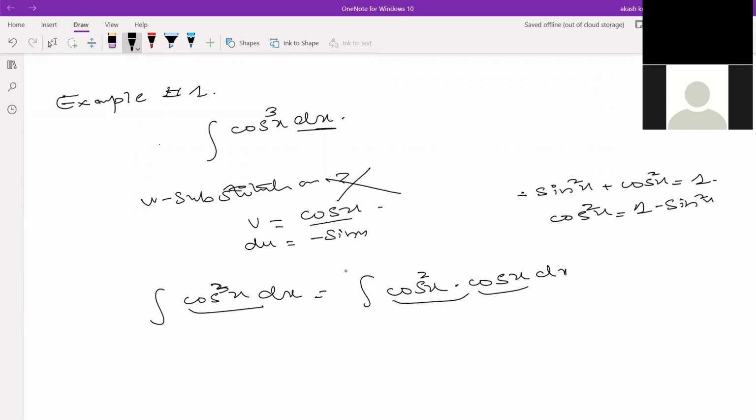So cos cube x becomes 1 minus sine square x, times cos x dx.